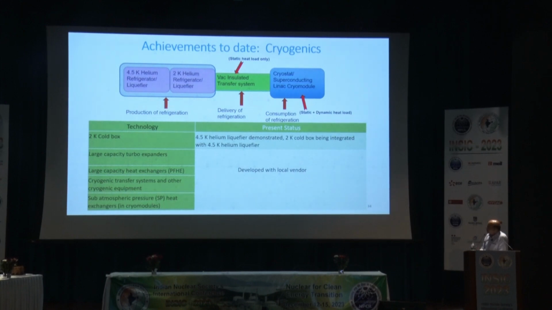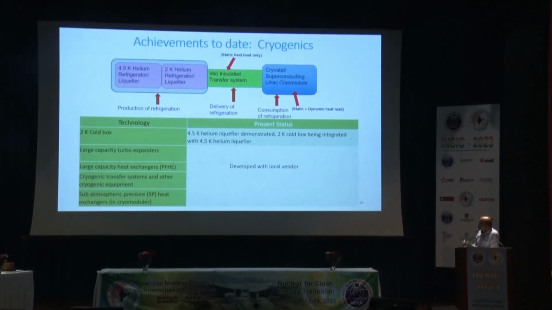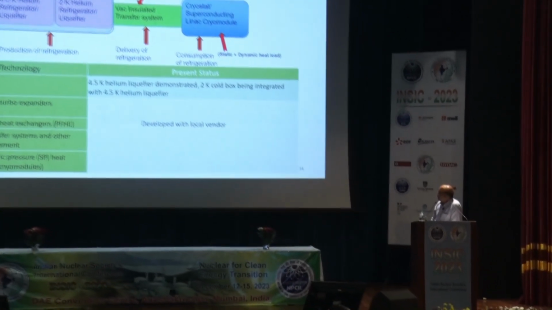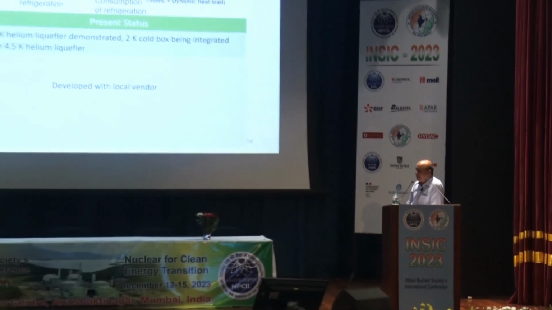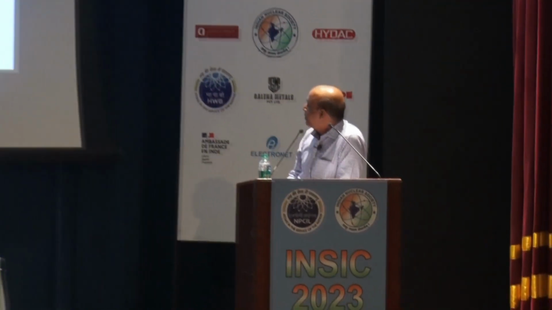Similarly, on the cryogenic front, we have our own program which is not directly dependent on Fermilab. This work is being done by the Cryotechnology Division. A 4.5 Kelvin helium liquefier is already demonstrated. The work for 2 Kelvin cold box integration is going on right now. And all other technologies which are required for a 2 Kelvin helium plant have been developed by CRTD, Cryotechnology Division, with the help of local vendors.